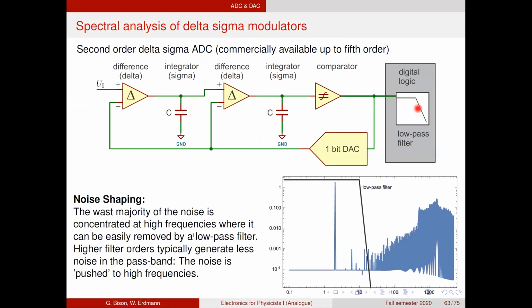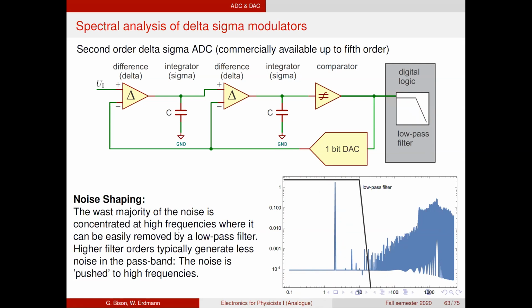And then the low pass filter that you have in a digital system can cut all the digitization noise. And the nice signal, so the one peak that our sine wave has, then remains. And the difference of how clean this low frequency part of the signal looks and how much noise there is in the high frequency part depends on the number of stages and how they are combined.